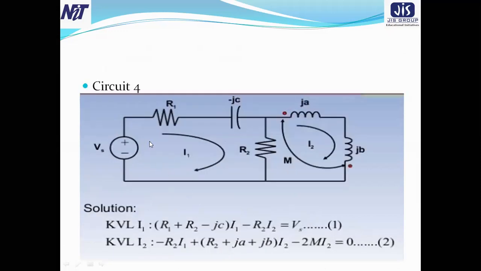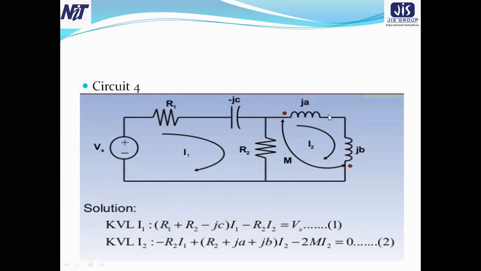Now for circuit 4, if we apply KVL for loop 1, then (R1 + R2 − jωLC) I1 − R2 I2 equals Vs, because no dot is here, but the dot is in this position.